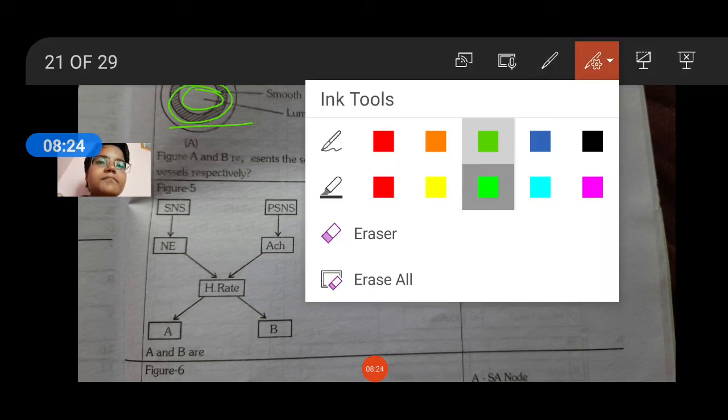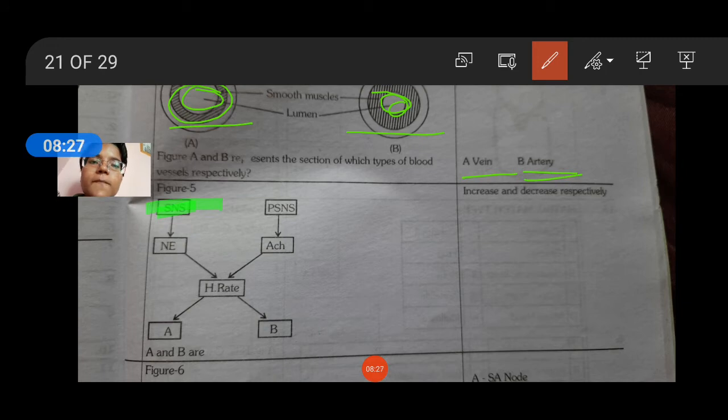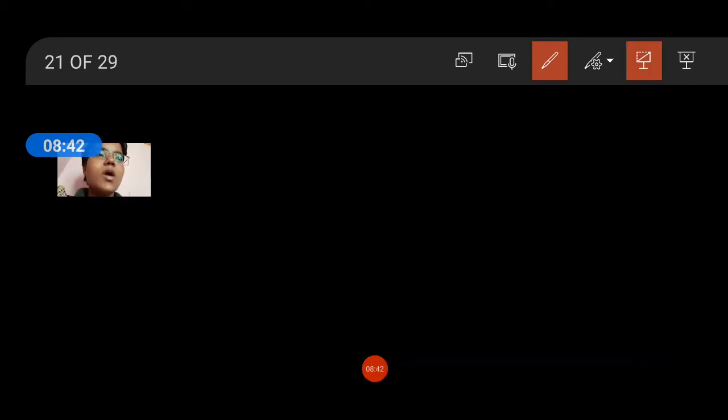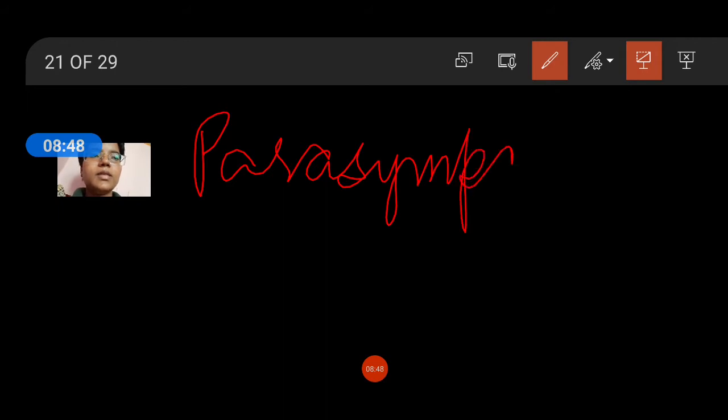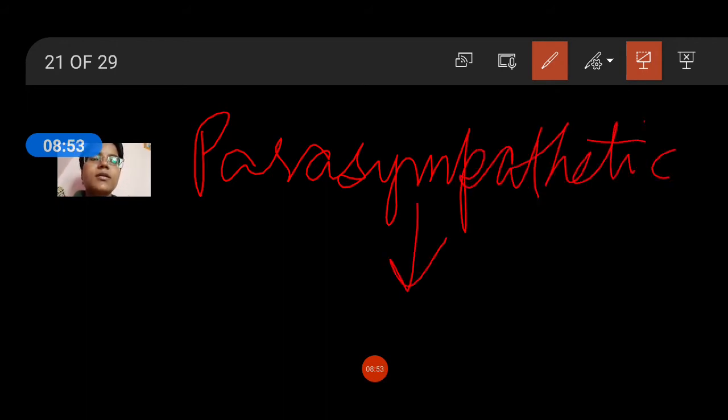Now, sympathetic and parasympathetic neural system, what increases and decreases respectively? A and B are heart rate. When parasympathetic acts on heart, then heart rate decreases.